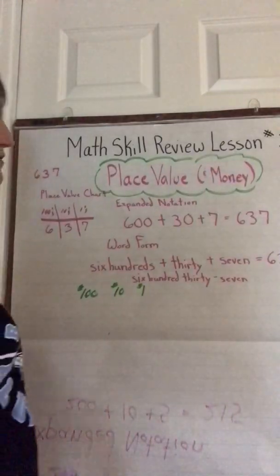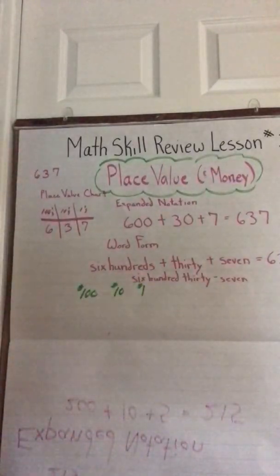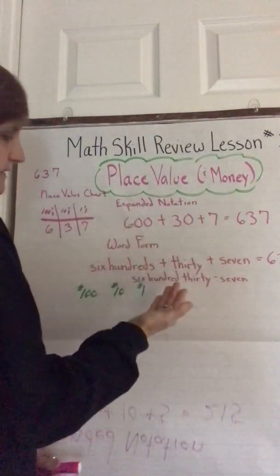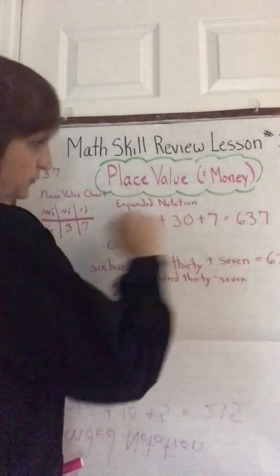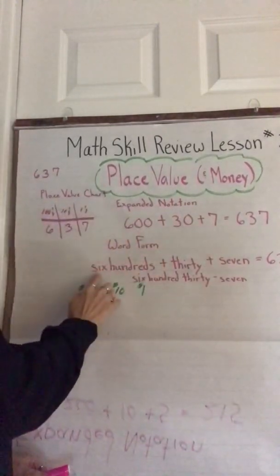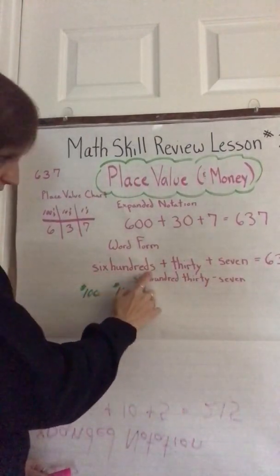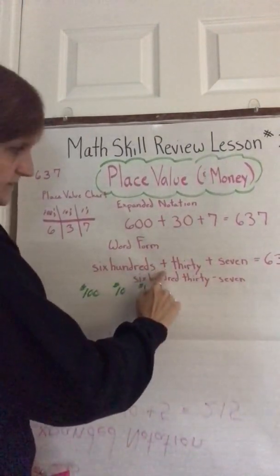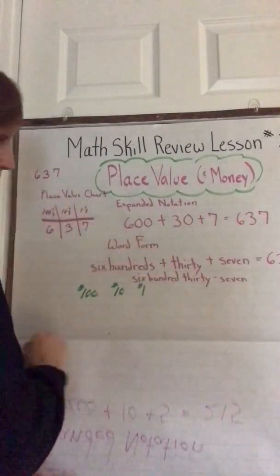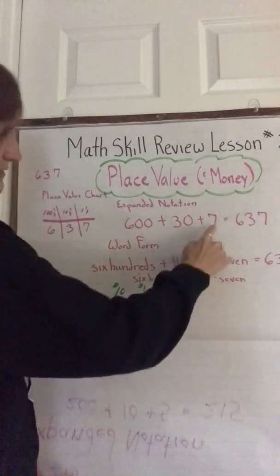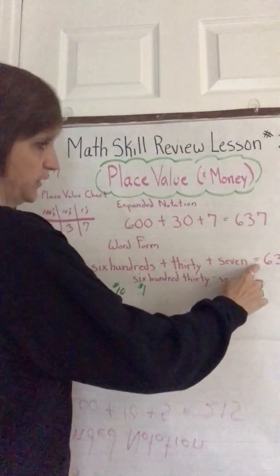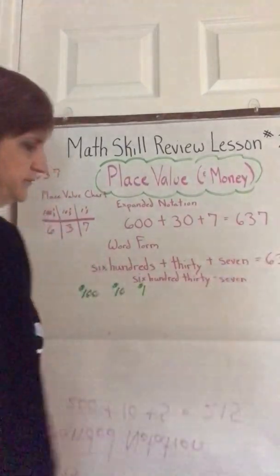637. Now there's another way you can write that out too, and that's using words. So it's word form. And it's not any different except you take your numbers and you write them in words. So 600 would be written out, plus 30, again, 3 in the tens place, plus 30, plus our 7, which is in the ones place, plus 7, equals 637.